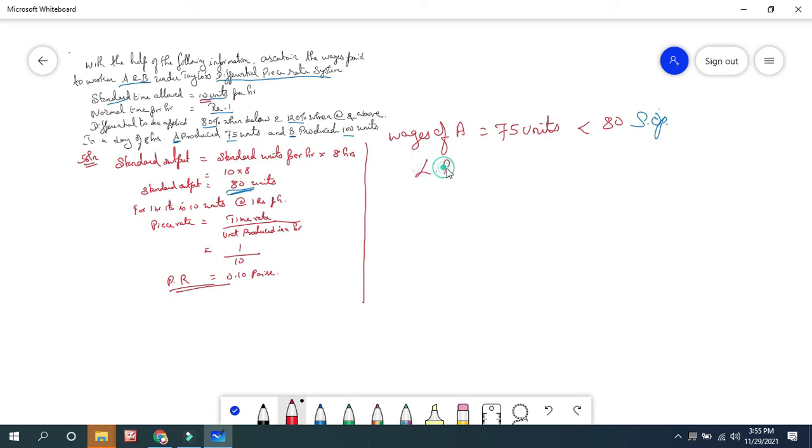Low piece rate, LPR, is equal to piece rate into 80 percent.